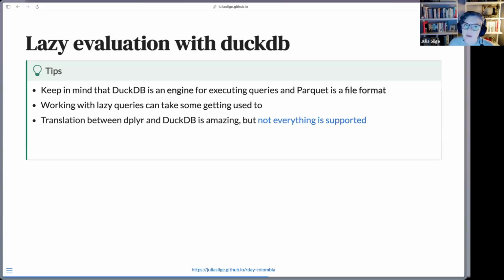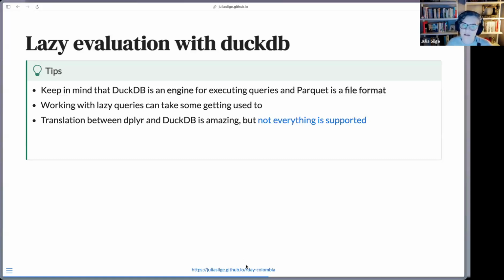You saw in the small example there, I used dplyr style code, and it is pretty amazing that you can translate between dplyr and DuckDB. You can say, oh yeah, I've got a DuckDB connection here. I want to use DuckDB as the backing of my R code that I'm writing. It's pretty amazing, but you need to know that not everything is supported.